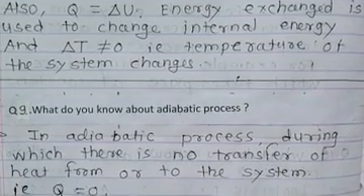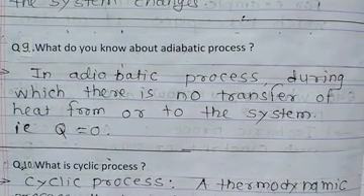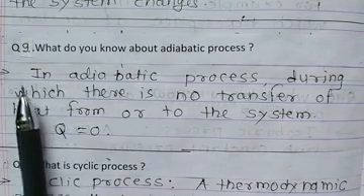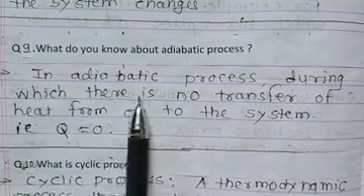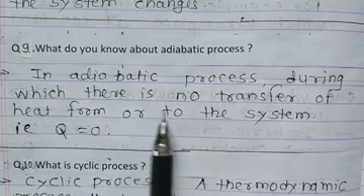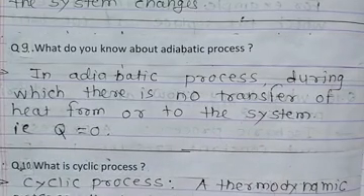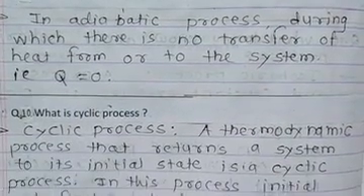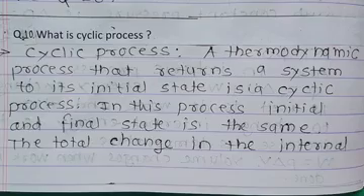Question number 9. What do you know about adiabatic process? Adiabatic process is one during which there is no transfer of heat from or to the system, that is Q is equal to 0. Next question. What is cyclic process?